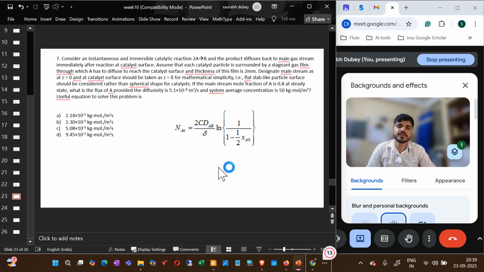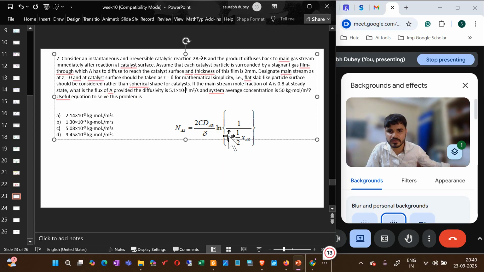If the main stream mole fraction of A is 0.8 at steady state, what is the flux of A, provided the diffusivity is this one, minus 8.